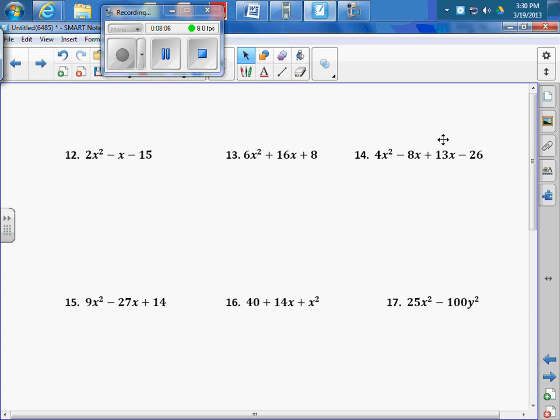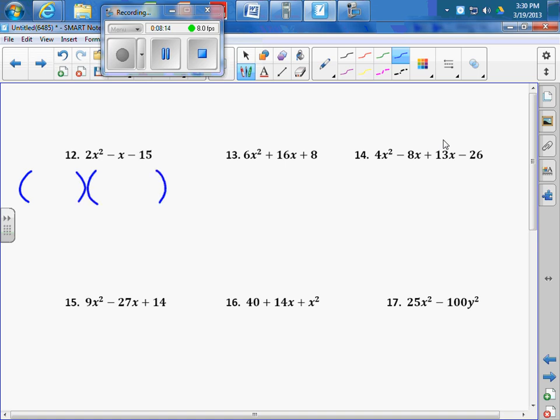In number 12, 2x squared minus x minus 15. That one fits the ax squared plus bx plus c format, and what we're going to do is break up the 2x squared into 2x times x. Then I need factors of negative 15, which means the two signs are going to be different.